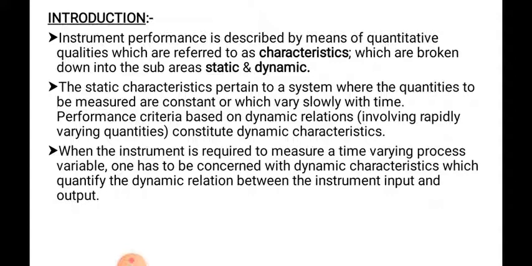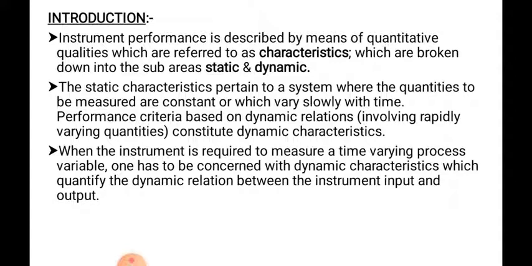Means when the instrument is required to measure a time varying process variable, what does that mean? That the instrument shows the output very rapidly. For that purpose we have to be concerned with the dynamic characteristics, which quantify the dynamic relationship between input and output.